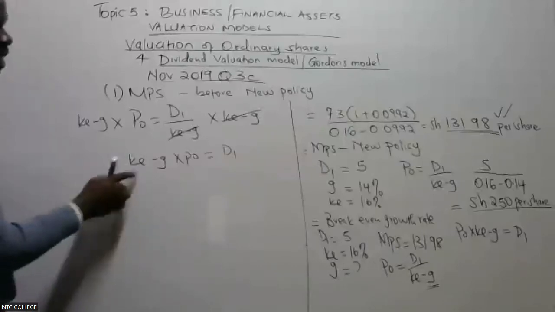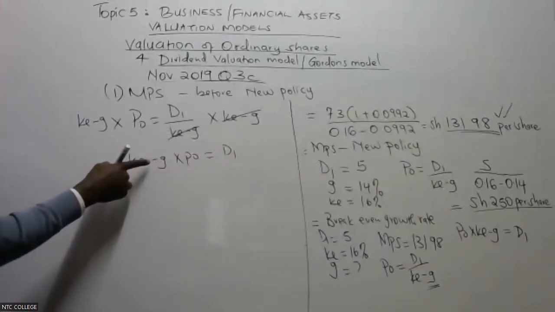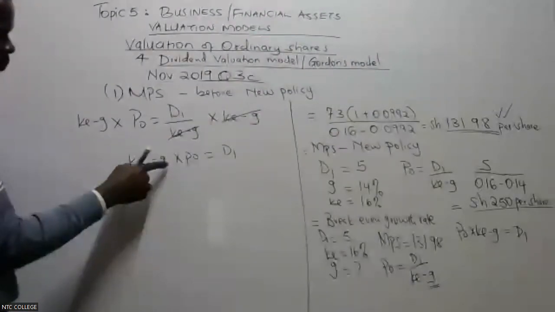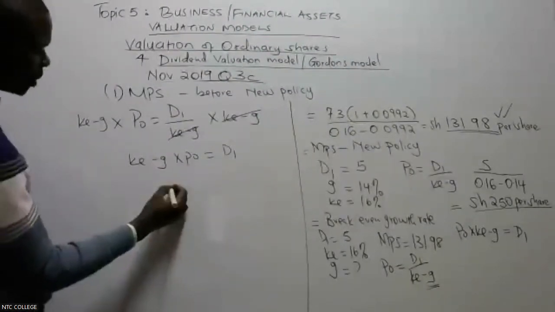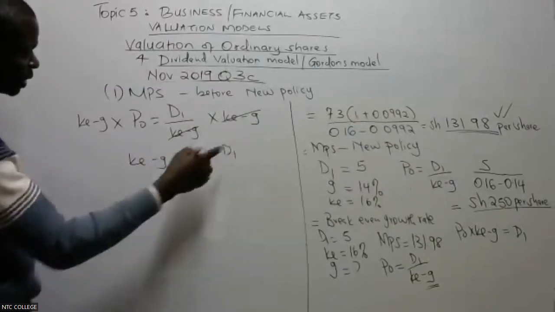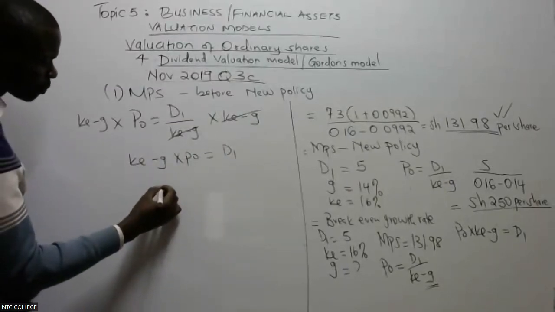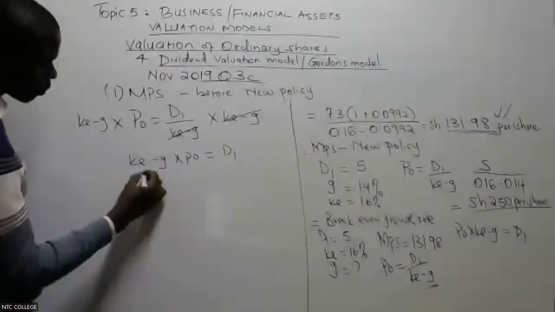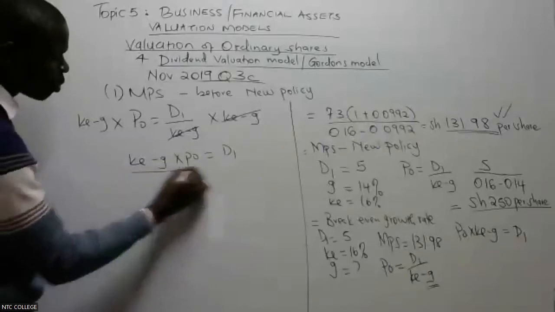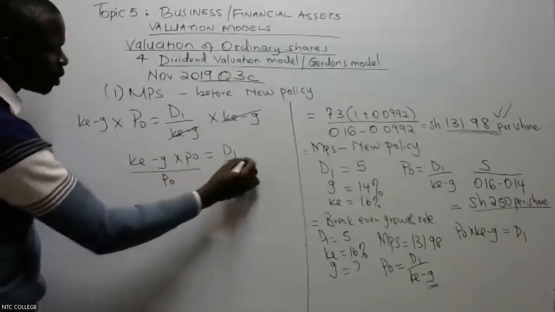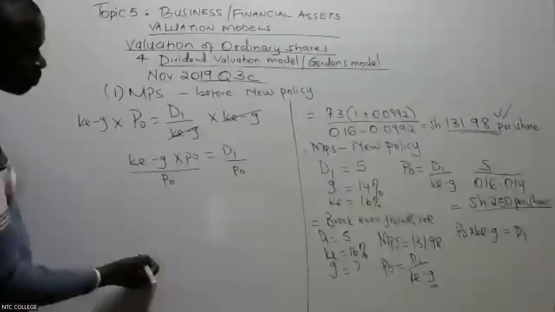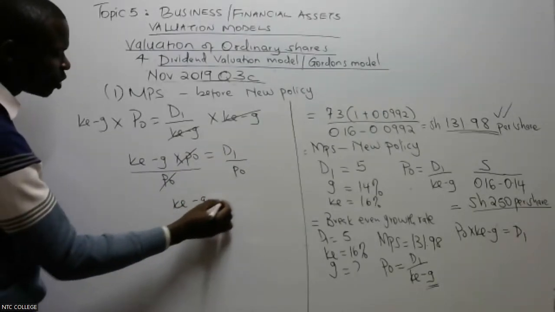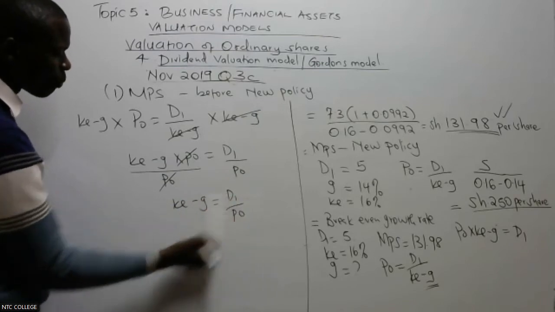Then we divide both sides by P0, so P0 will cancel out, and it will be KE minus G is equal to D1 over P0.